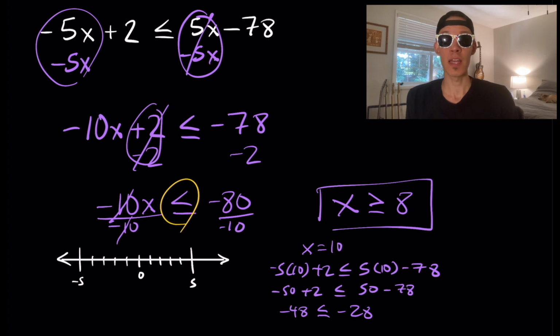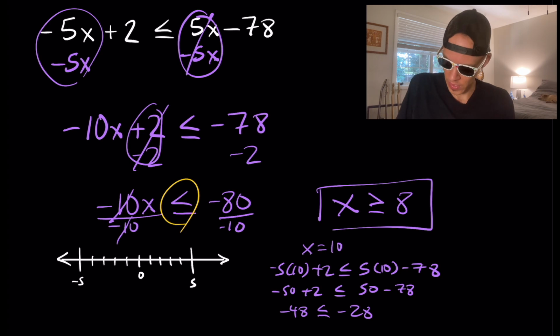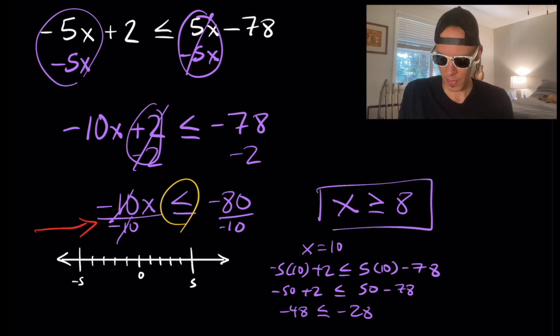And -48 is more negative, it's less than -28. So again, remember, whenever you multiply or divide both sides of an inequality by a negative number, like we did right here with this divide by -10, you have to flip the sign. If it's less than or equal to, like it was here, it's got to then become greater than or equal to here.